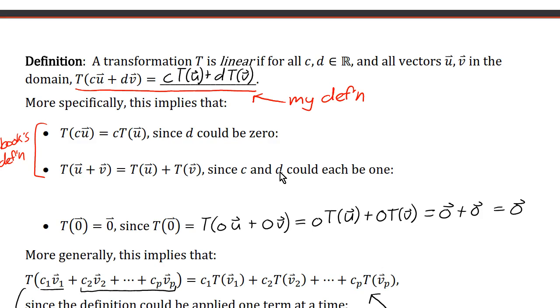You can use either one of these as the definition for a linear transformation. But if you use the second one, then sometimes if you're going to prove that a transformation is linear, this just means you have to do two separate things. But a lot of the time, you could make your proofs a little bit shorter by using this one.